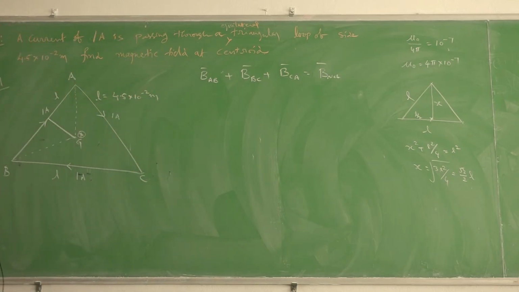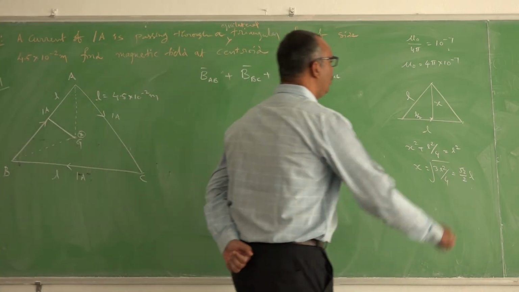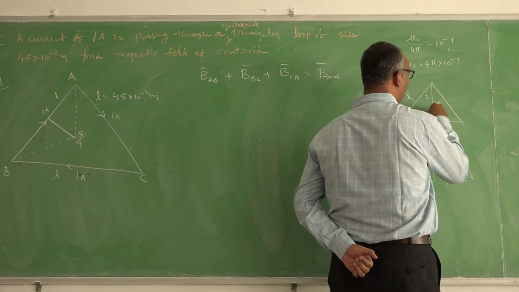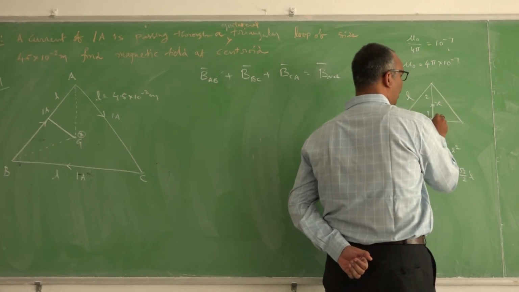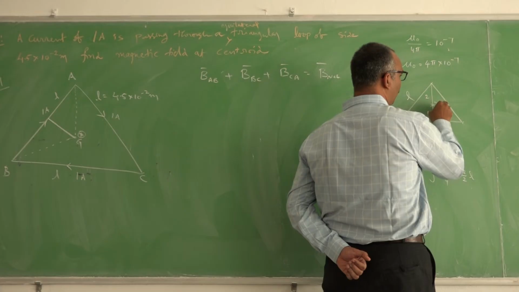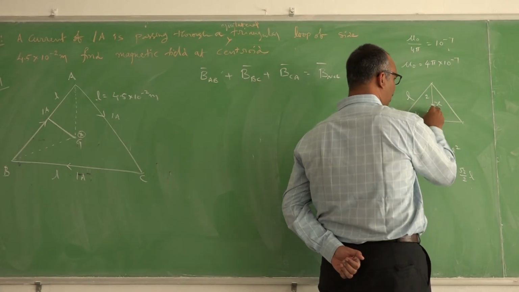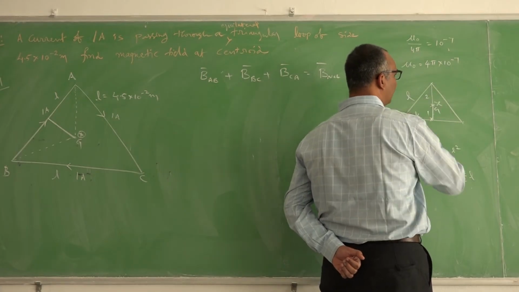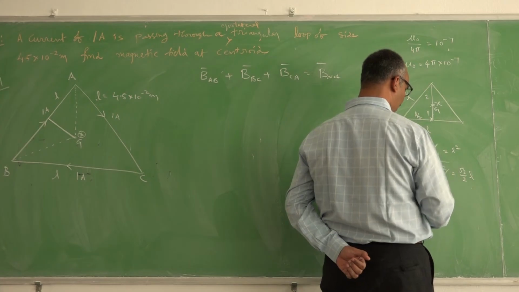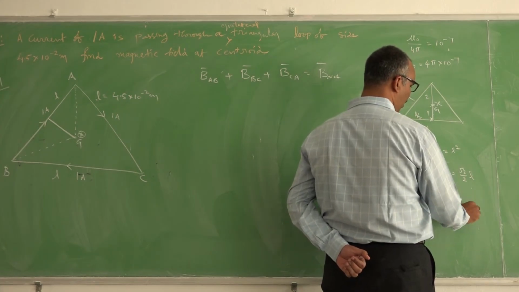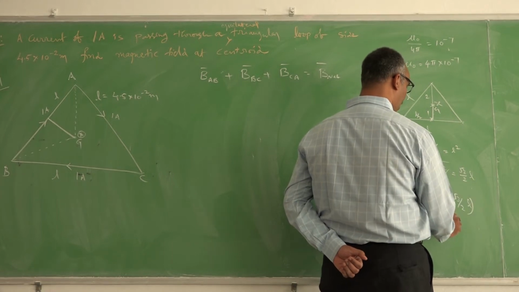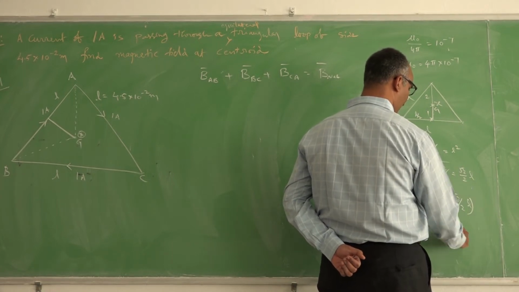So the centroid divides the median in 2:1 ratio. So this length, from the center point of the side to the centroid, is 1/3 portion of the median, which is 1/3 of root 3 by 2 L. That is L by 2 root 3.